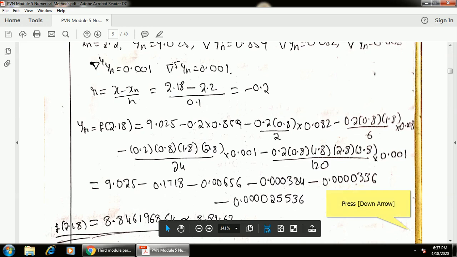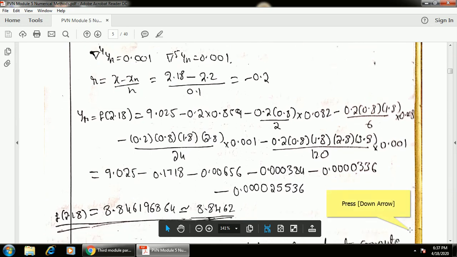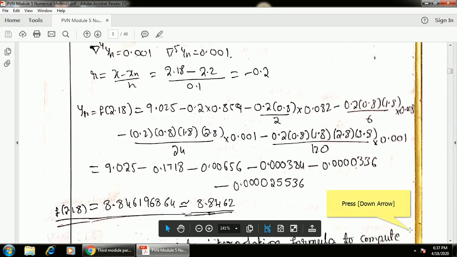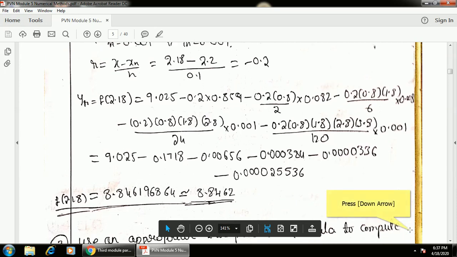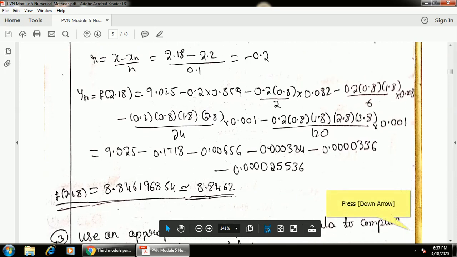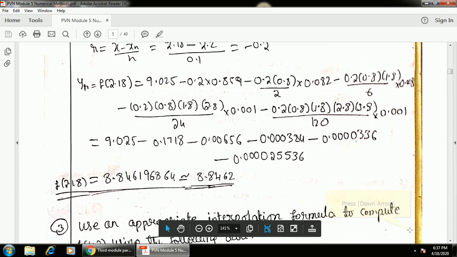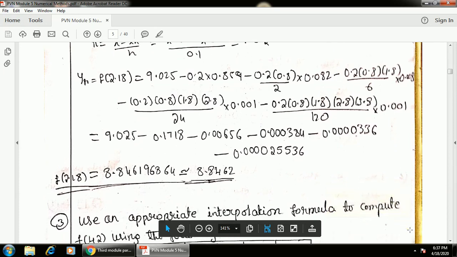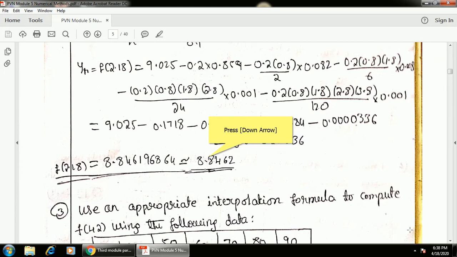Then at last, add or subtract those values. That comes out as 8.846196864, approximately equal to 8.8462.